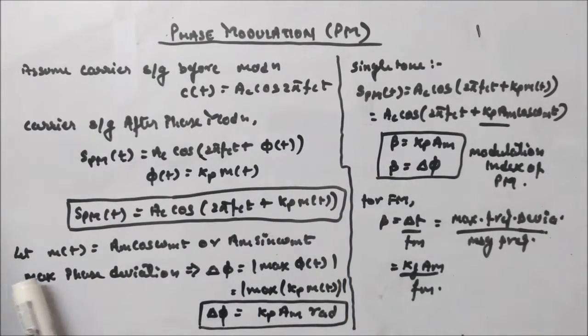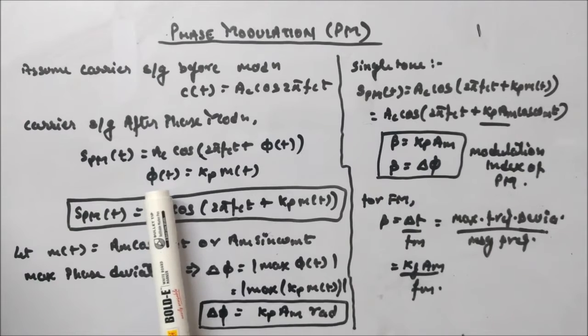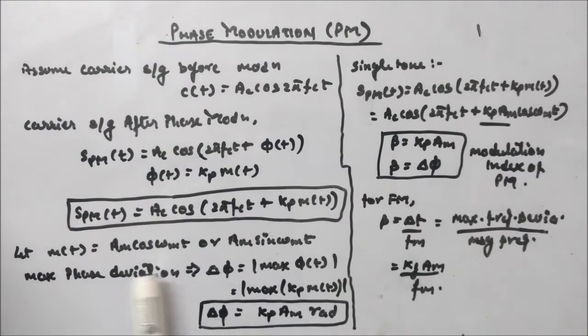Now if you consider that m(t) is equal to Am cos ωm t or Am sin ωm t, you can see something called the maximum phase deviation, represented by Δφ, which is equal to the mod of the maximum of φ(t). This is how it is defined.